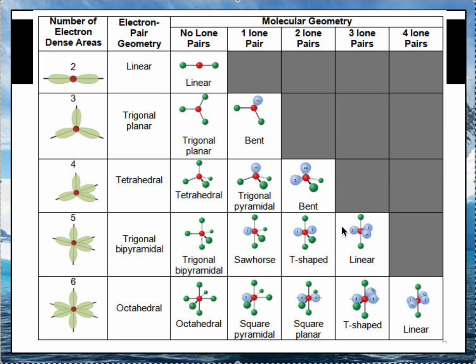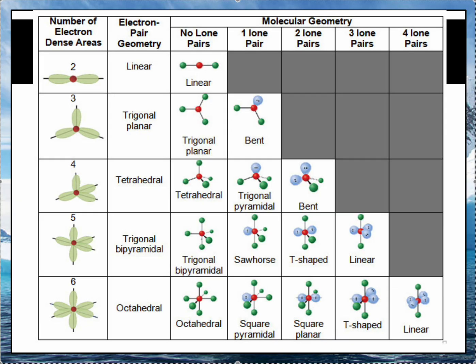Basically, those are the species that you need to know from the electron domain. Octahedral gets a little crazier. Octahedral has six bonded species around the central atom. One lone pair is square pyramidal, two lone pairs is square planar, three lone pairs is T-shaped, and then four lone pairs is linear.